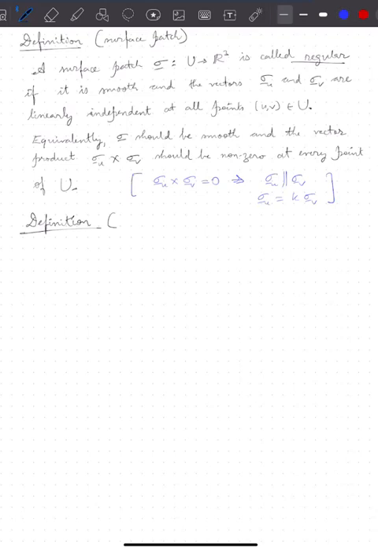Yeah. So let's look at some more definitions.